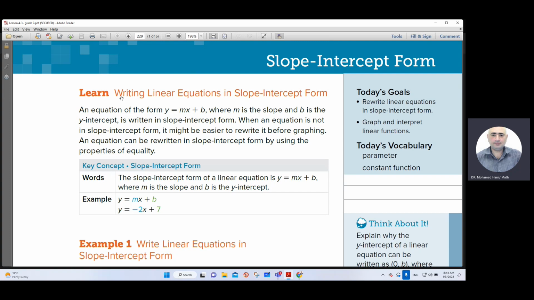Write this title, please. Writing linear equations in slope and intercept form.